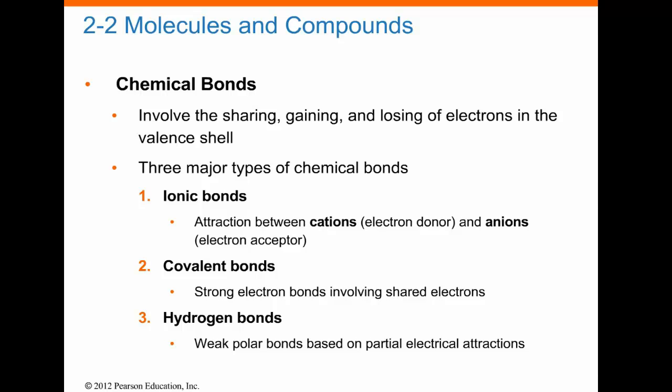Cations are the electron donors, they give away an electron, and the anions need an electron and they take an electron. Then you have covalent bonds, which is the strong electron bonds involving shared electrons. And the final one that we'll be discussing is hydrogen bonds, which are weak polar bonds based on partial electrical attractions. But I'll go through that more in a moment.